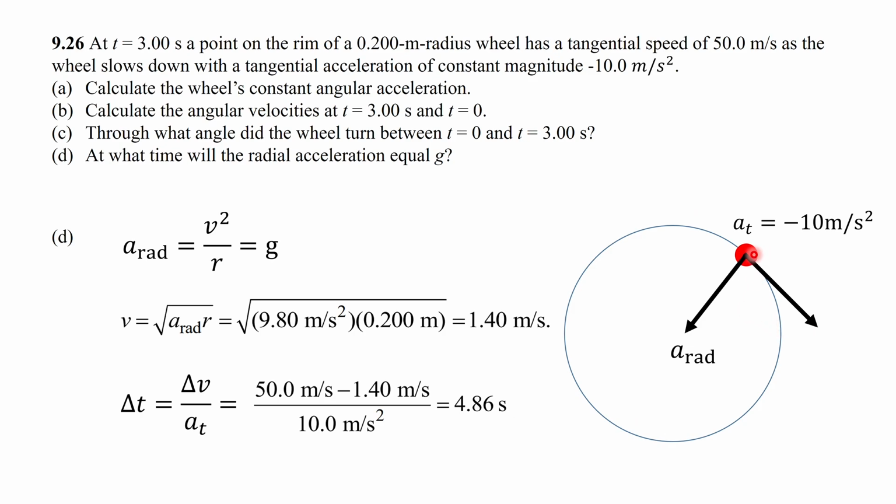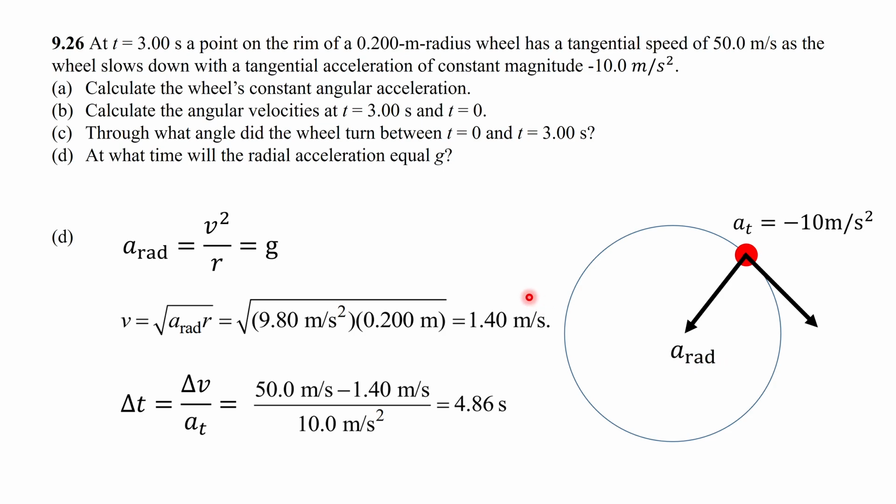One is the acceleration in the tangential direction, called tangential acceleration. Another one is the radial acceleration, also called centripetal acceleration. The tangential acceleration only changes the speed, and the centripetal acceleration only changes the direction.